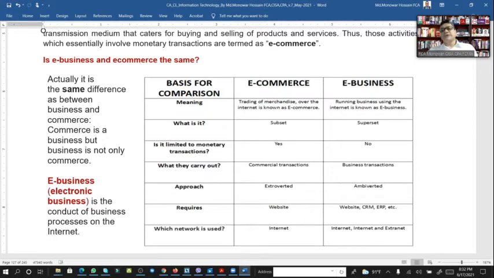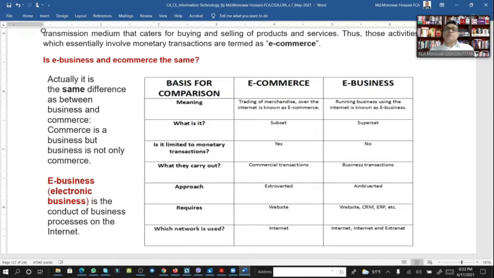So e-commerce is a subset and e-business is a superset; a superset is greater than a subset. E-commerce is limited to monetary transactions, while e-business is not only monetary, other things can happen. E-commerce carries out commercial transactions, and e-business carries out business transactions.